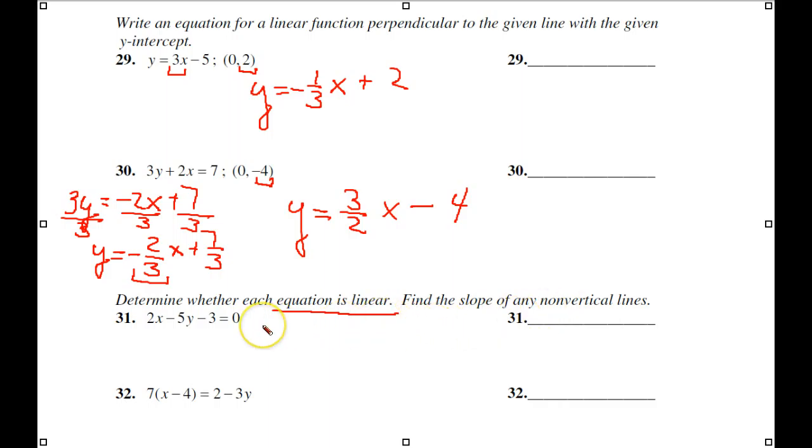Well, again, I can look at these and see that there's no exponents on the x or y other than 1. So these are both linear. And I'll have to solve for y to put it in slope-intercept form to find the slope.